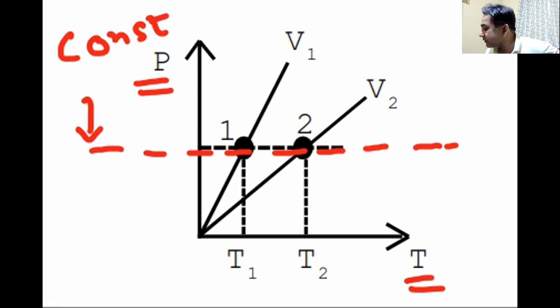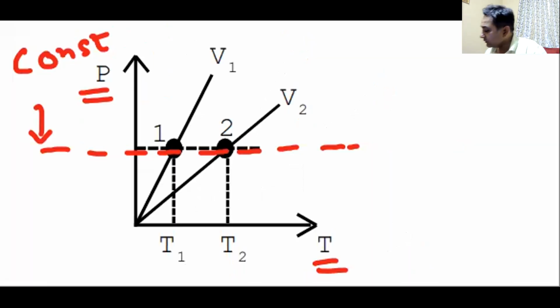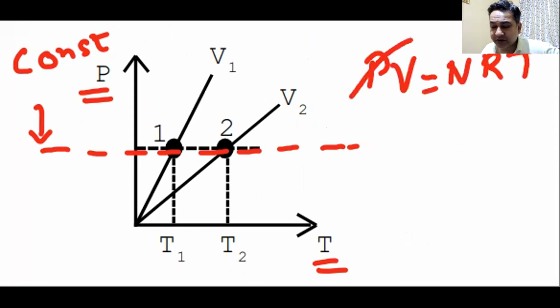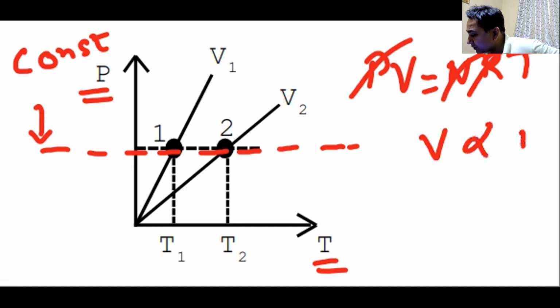We must remember that PV is equal to nRT. Now I have kept pressure constant. The number of moles is always constant and R is always constant. So now volume is directly proportional to temperature.